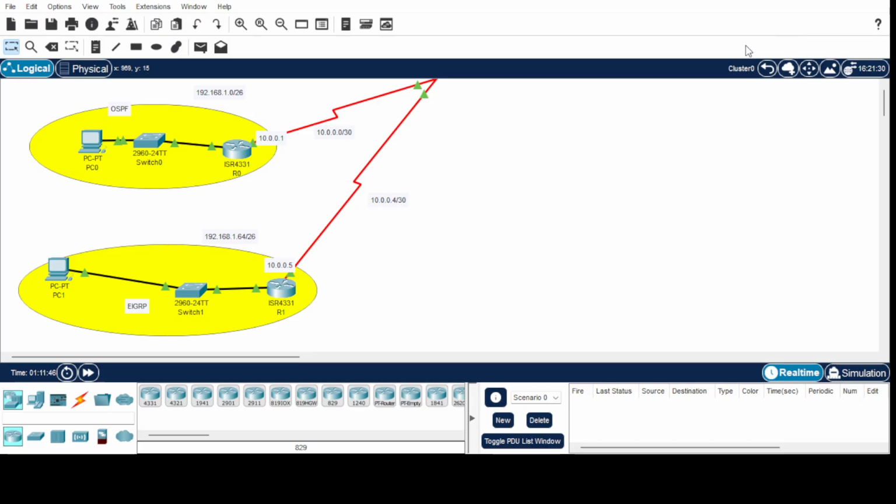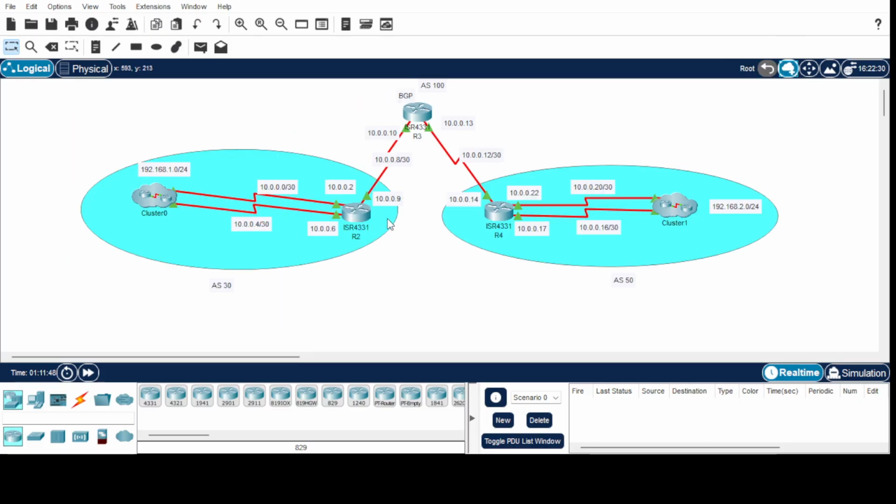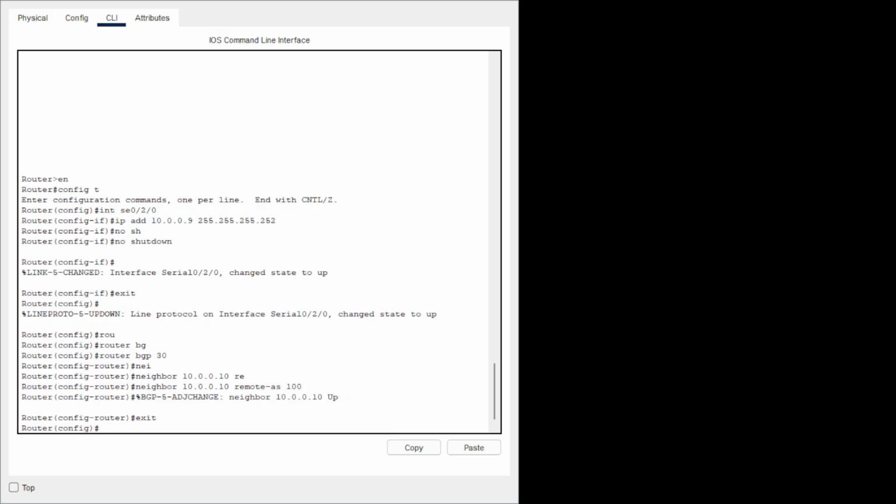So at the edge router of the first cluster 0, let's go to router number 2. Bringing the screen of router number 2.